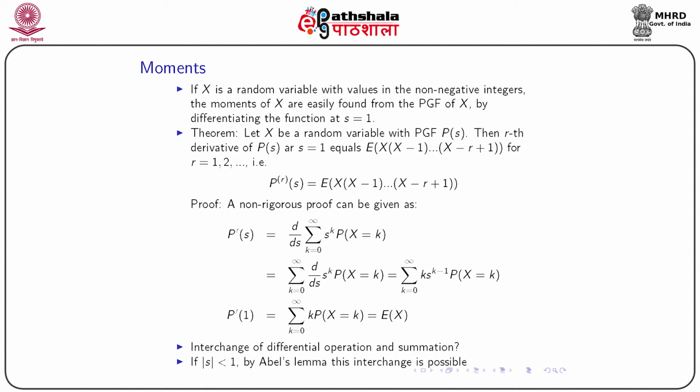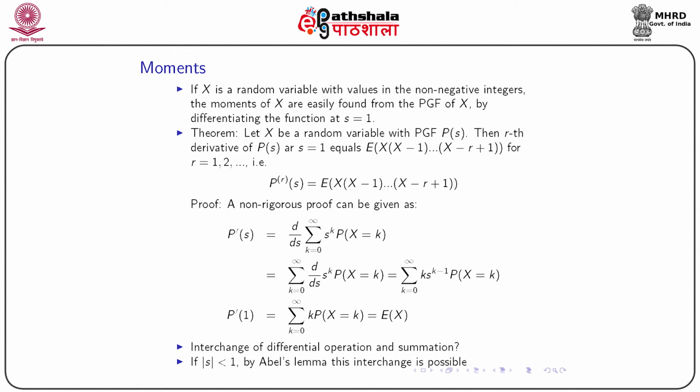Then the rth derivative of P(s) at s equals 1 equals the expected value of X times (X minus 1) times ... times (X minus r plus 1), for all r in 1, 2, 3 and so on. So the rth order derivative of this probability generating function will result in some moment.